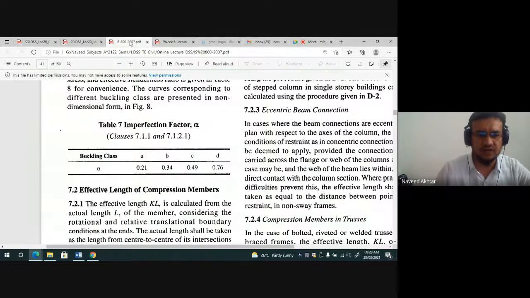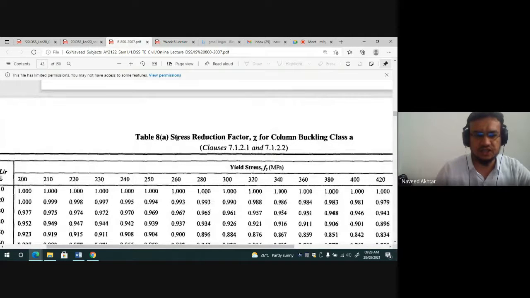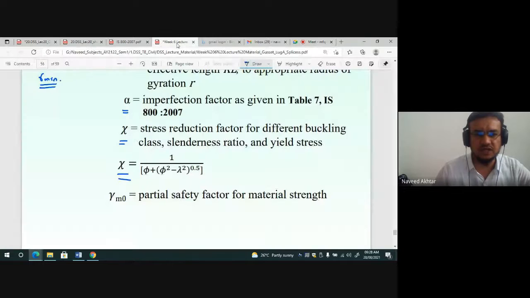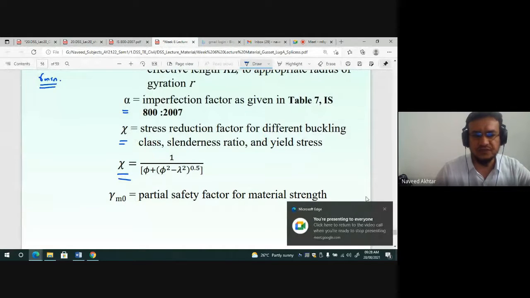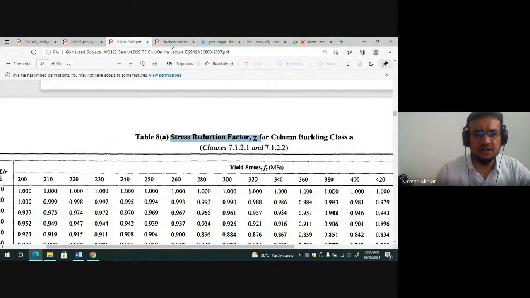What is chi? It is the stress reduction factor, which you can find by using this formula. It is not x, it is called chi, a Greek letter.